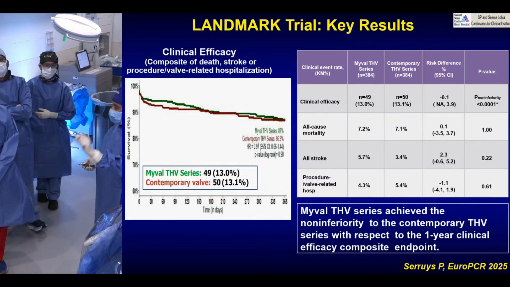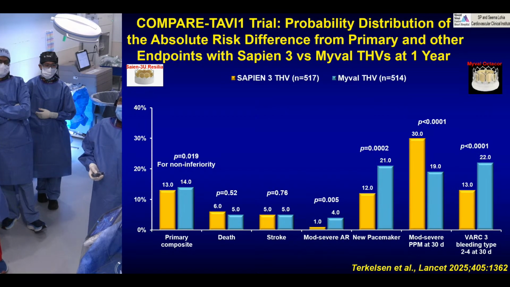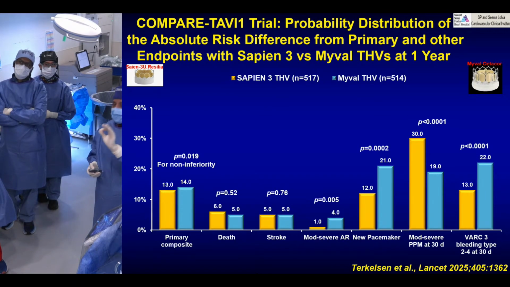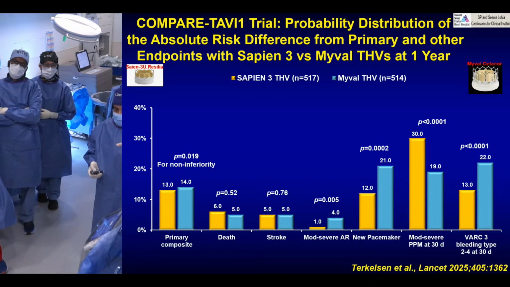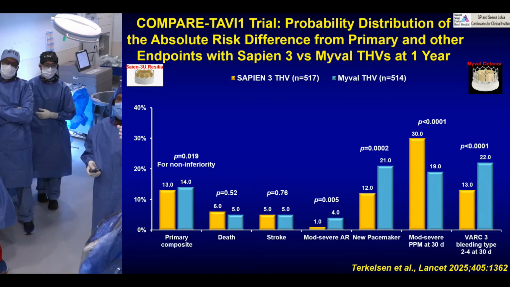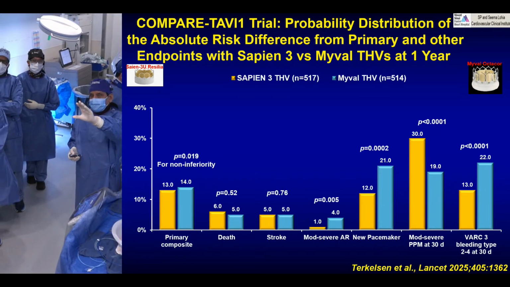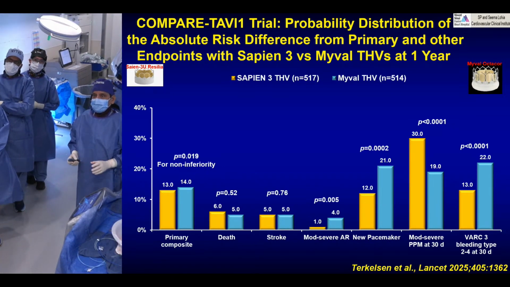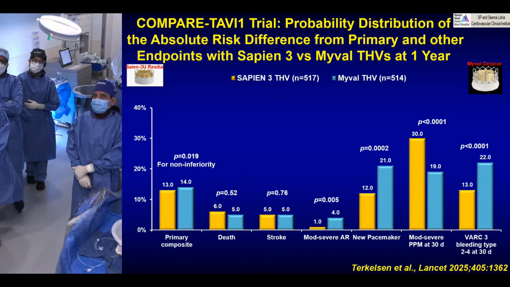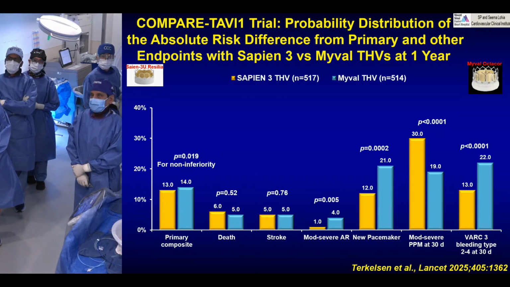A little different from what I suggested last week. Last month, the COMPARE-TAVI trial, another multicenter trial in Europe and Germany, compared SAPIEN with the MyVal. There were some differences, and most of the differences we saw were more moderate to severe aortic regurgitation with the MyVal, and the need for pacemaker was higher.